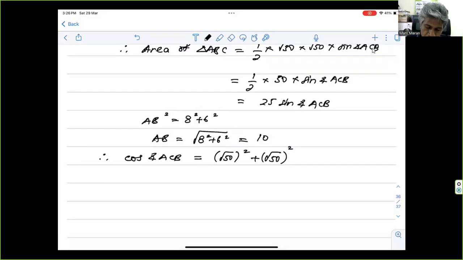Minus AB square will be 10 square, divided by 2 square root of 50 multiplied by square root of 50.